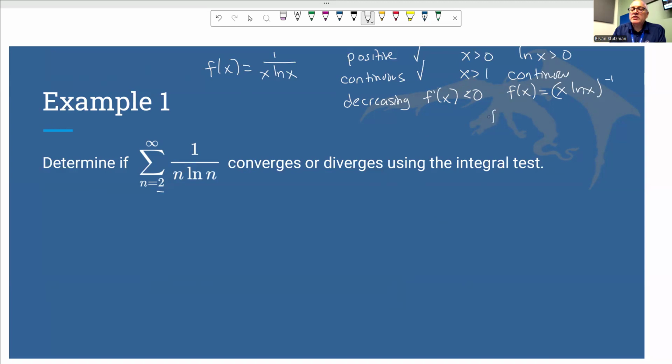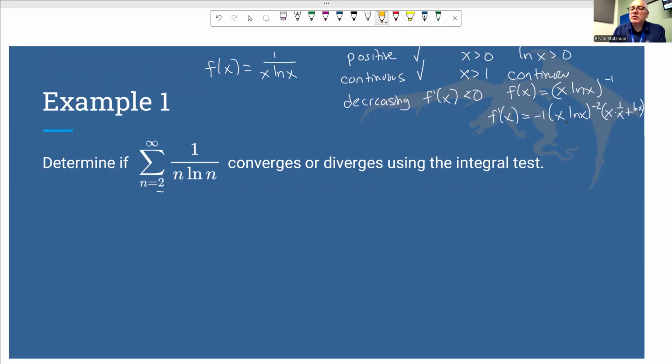So f prime of x using the power rule will be -1 times x natural log of x to the -2 power times the derivative of the inside, which is going to be from the product rule first times the derivative of the second plus the second times the derivative of the first, which is 1.